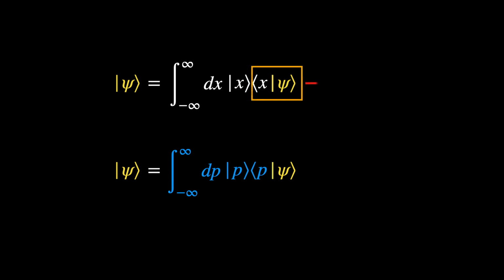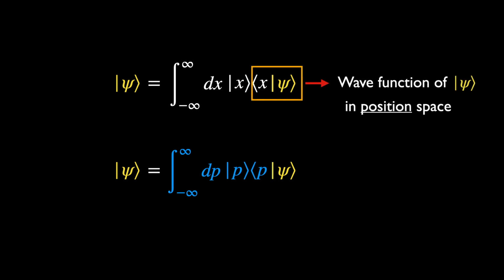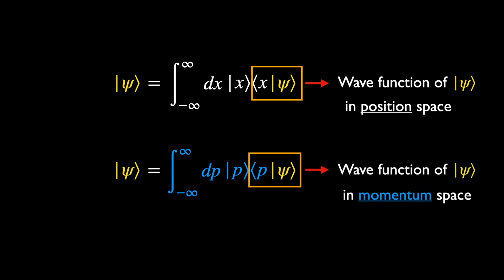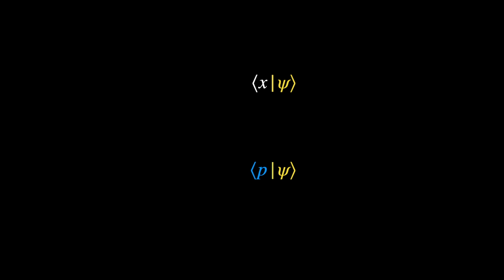The components associated with the first basis are called the wave function of psi in position space, while those in the second basis, the wave function of the same state but in momentum space. We denote the first function as psi of x and the second as tilde psi of p.